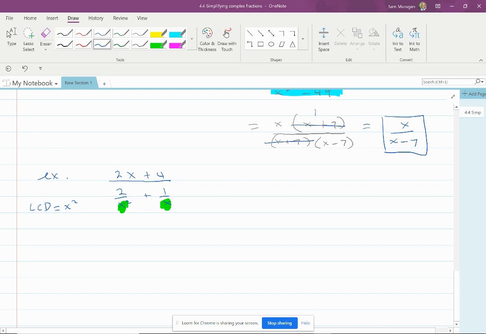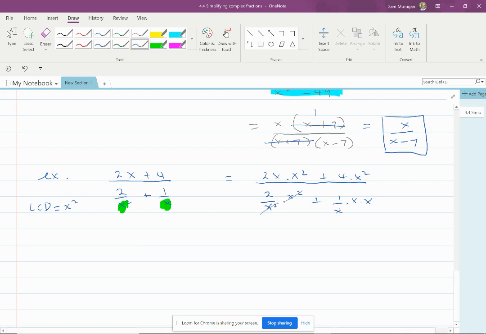Okay. So here we go. We can do 2x times x squared plus 4 times x squared over 2 over x squared times x squared plus 1 over x times x squared.